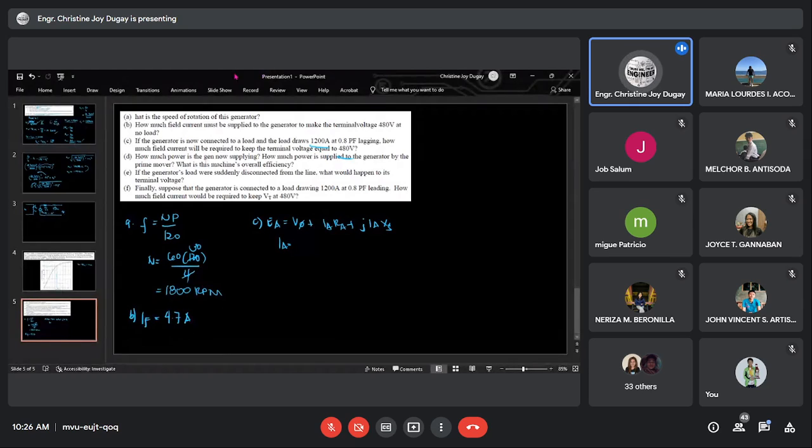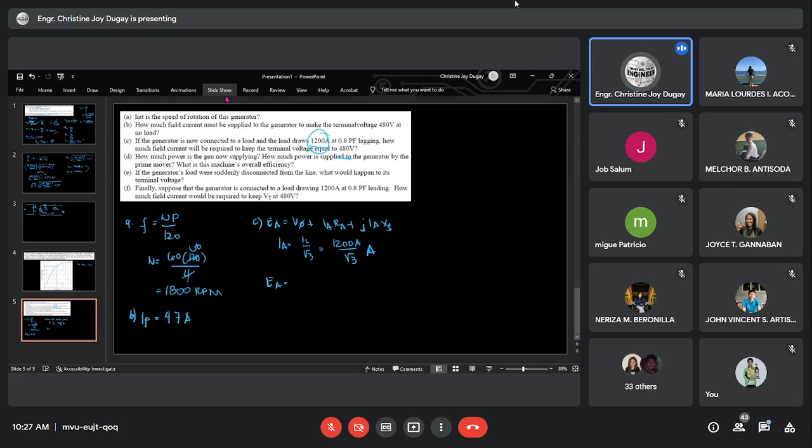Yes, ang IA po natin, since that is delta connected, and this is the I line, ibig sabihin, I line over square root of 3. So that is 1,200 ampere over square root of 3. So that is equal to, what's the value? Or pwede nating gamitin na lang po yan, no? Ampere.